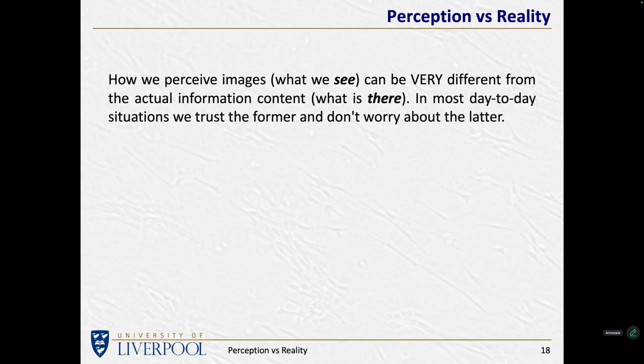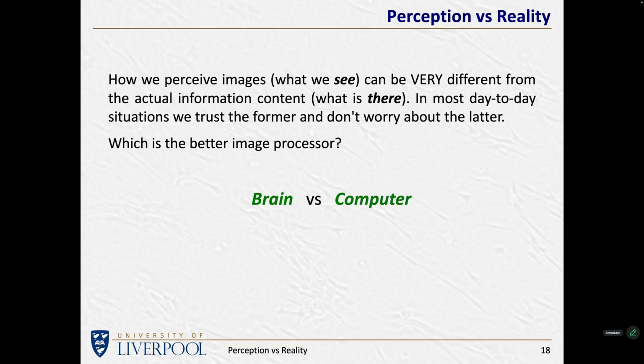Now, in most day-to-day situations, we don't worry about that. We just trust our eyes and say, well, if I can see something in front of me, then it's clearly there. However, we do have to worry ultimately about the difference between what humans see and what computers see. We can ask, which does a better job at image processing? Is it a human brain or is it a computer?